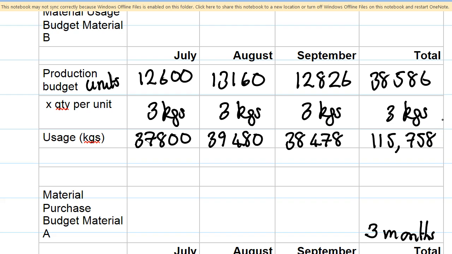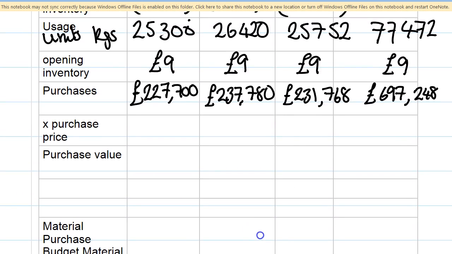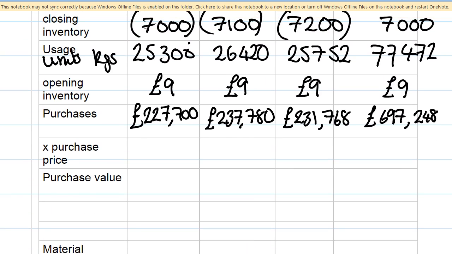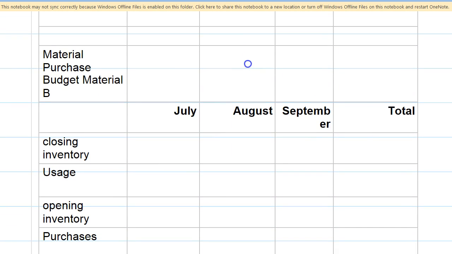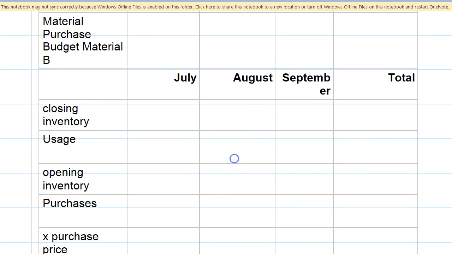So that usage for July, August and September we now are going to use to work out material B purchases budget. So I'm going to put in those usage figures, 37,800, and this is kilos for July.